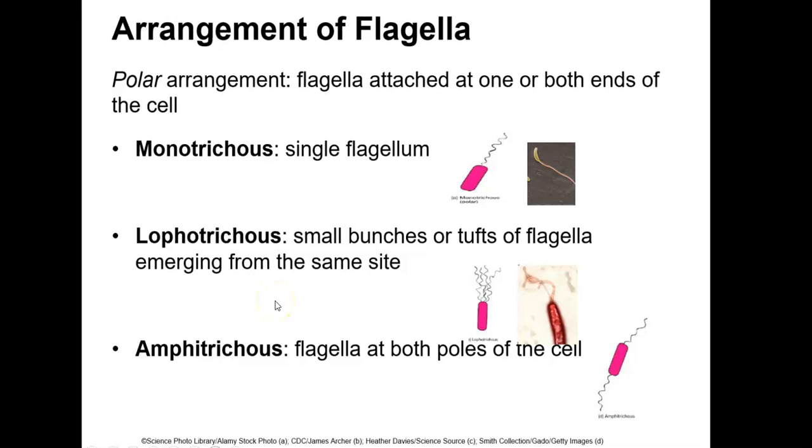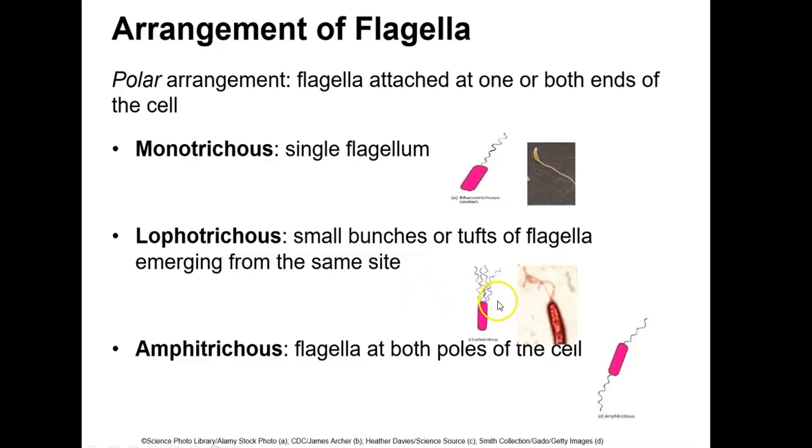Lophotrichous refers to a tuft. And so at one pole or one end, we see this tuft of flagella extending outward, where you have multiple flagella. And in this image, you can see several flagella extending off of one pole here.